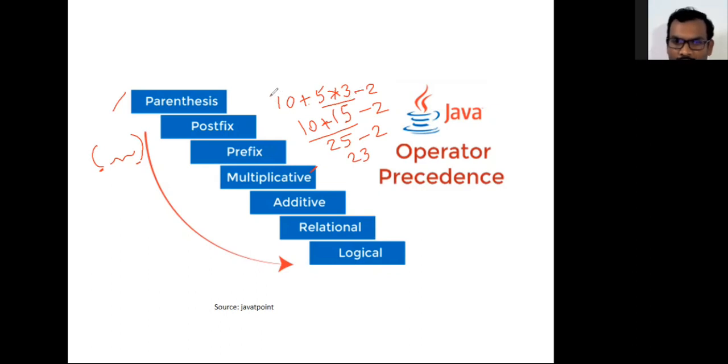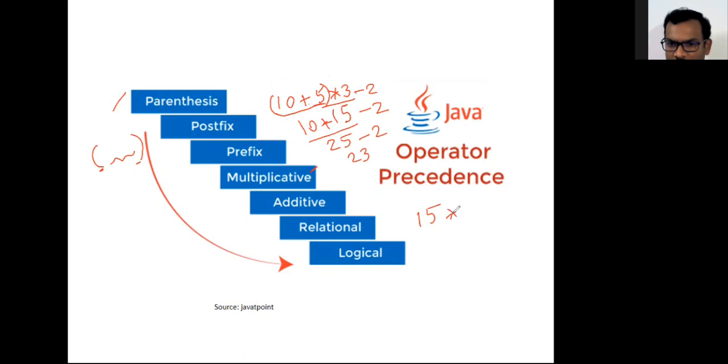For example, in the same expression, if there are parentheses for this part, then we should not evaluate the 5 into 3 first. First we need to evaluate the expression within the parentheses. Then this value will become 15.